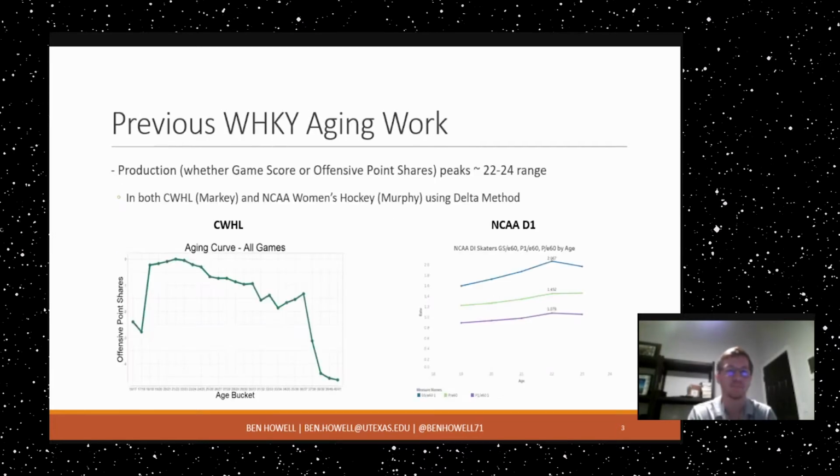One of the things that I like to do whenever I'm working on a project is look at what has been done in a similar sense around women's hockey. And fortunately for me, there have been 2 previous women's hockey aging curve projects, one from Carly and one from Mike. Carly looked at the CWHL using offensive point share, while Mike looked at game score for NCAA Division I women's hockey players.